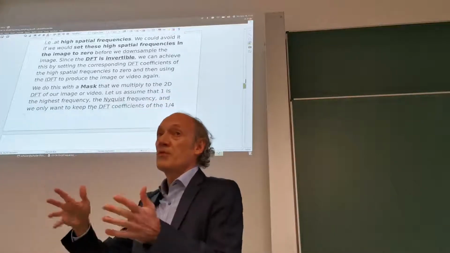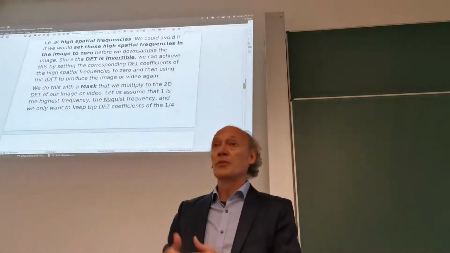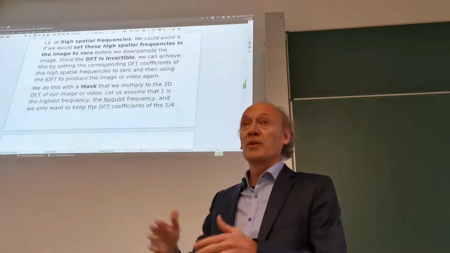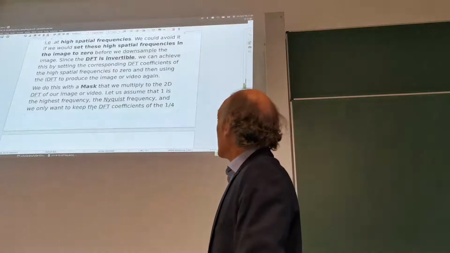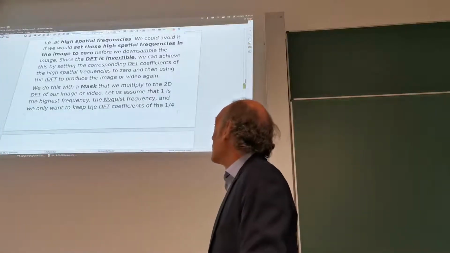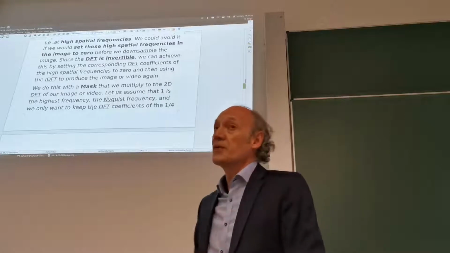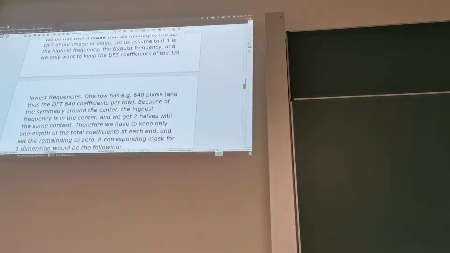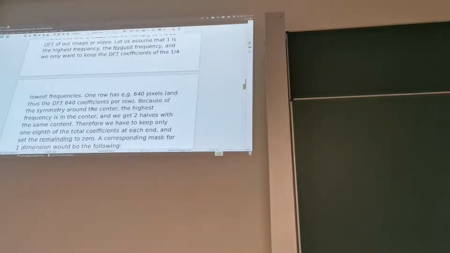The Nyquist frequency, remember, was the highest usable frequency based on the sampling rate that we have. And we only want to keep DFT coefficients, for instance, of just 1/4 of the highest frequency.